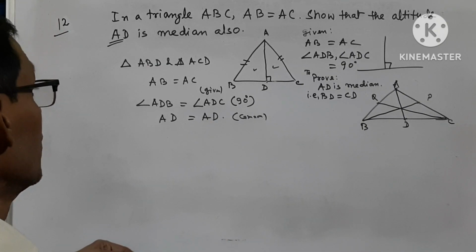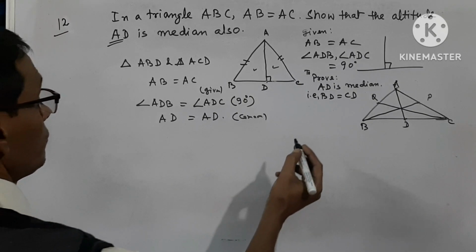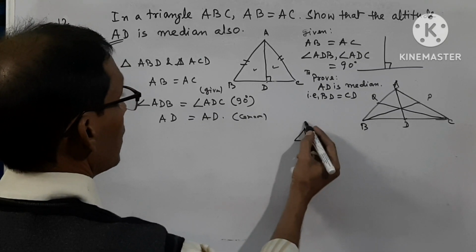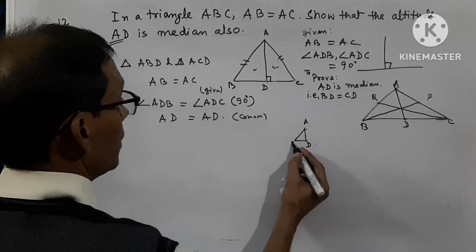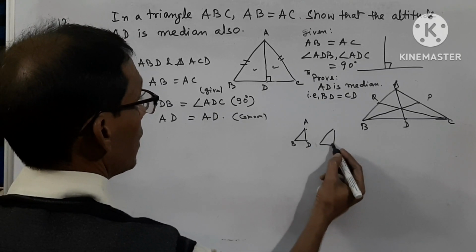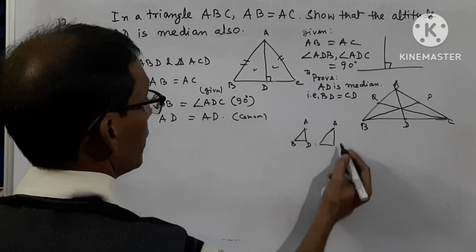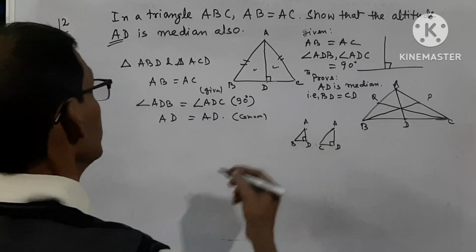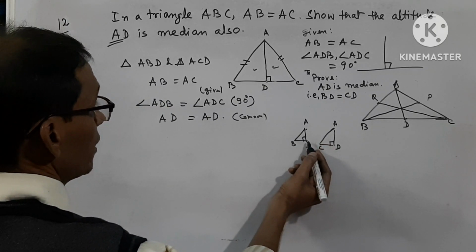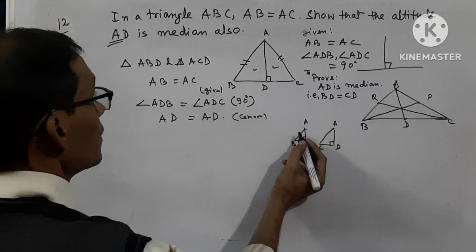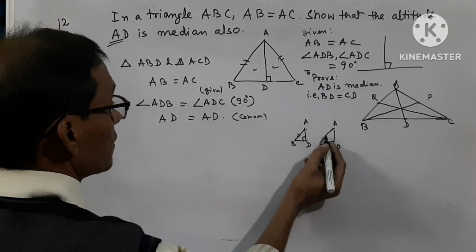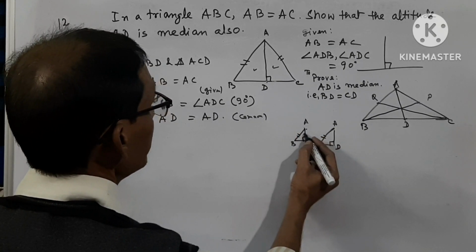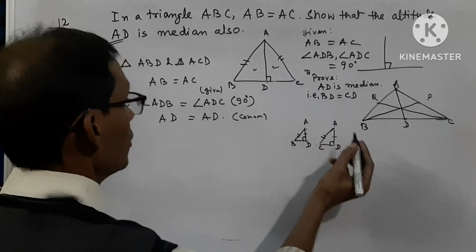Let's see if any criteria applies. Angle ADB and angle ADC are 90 degree. The hypotenuse is there, AB equals AC, and one side AD equals AD.